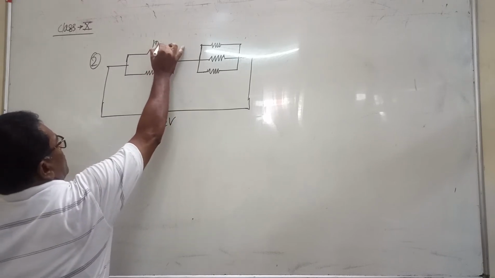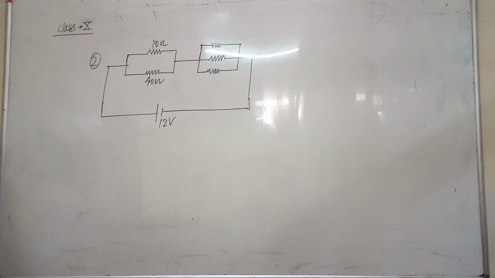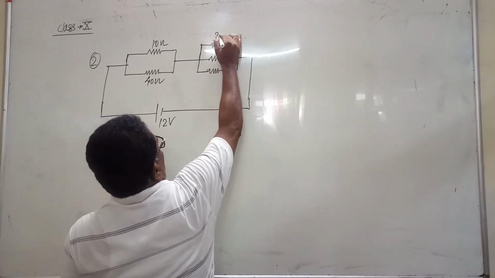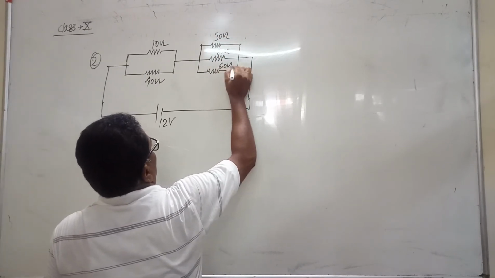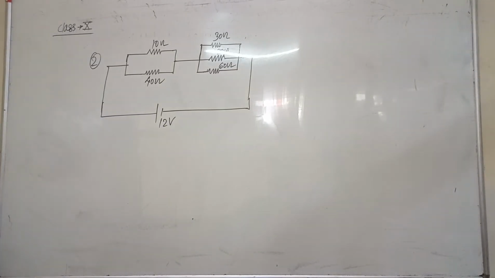This is 10 ohm, 40 ohm, 30 ohm, 20 ohm and 60 ohm. There are total 5 resistances, and we have to calculate the total resistance in the circuit and total current.